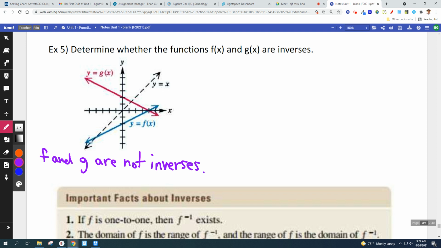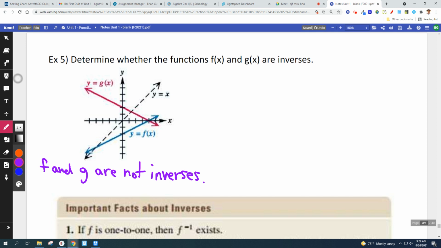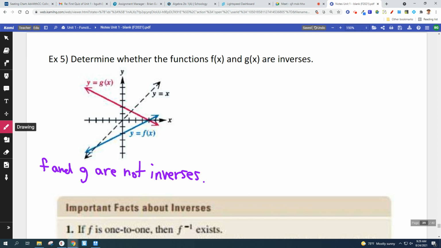But right now, you've never seen one of these, and so you don't know why at this point. But remember, when we are trying to find an inverse, essentially what we're doing is we are going to interchange x and y. That's the main step.